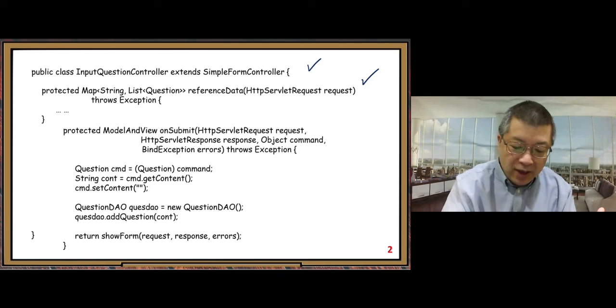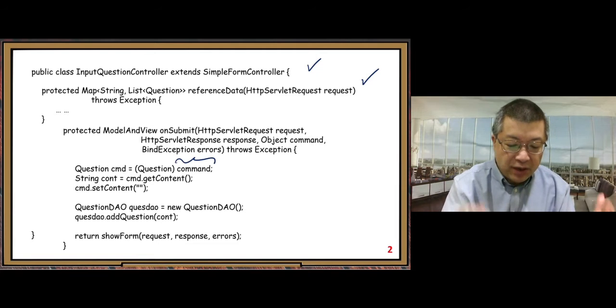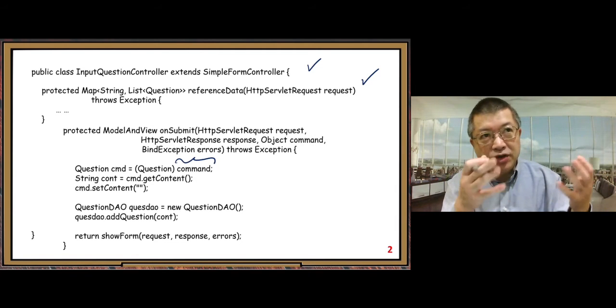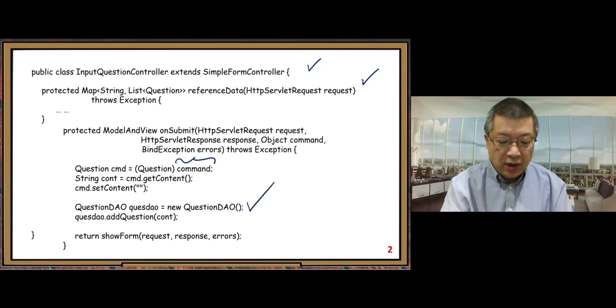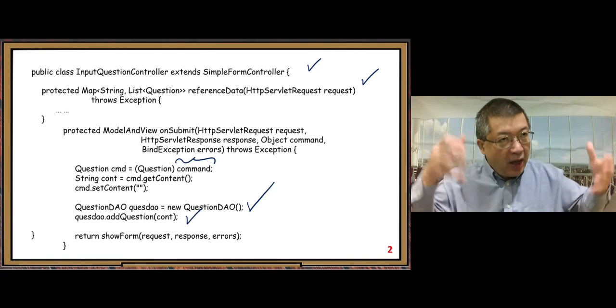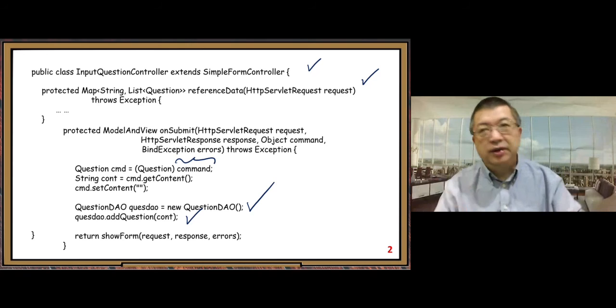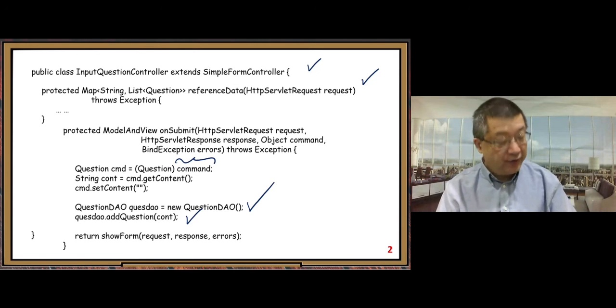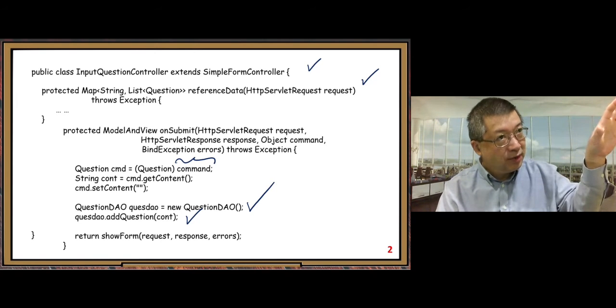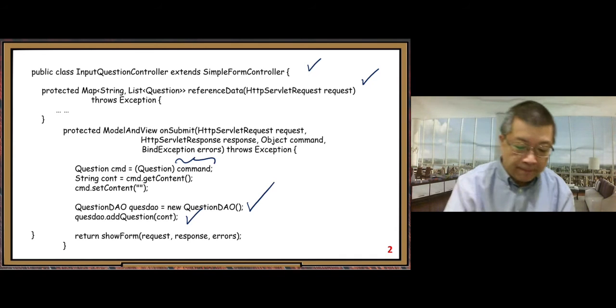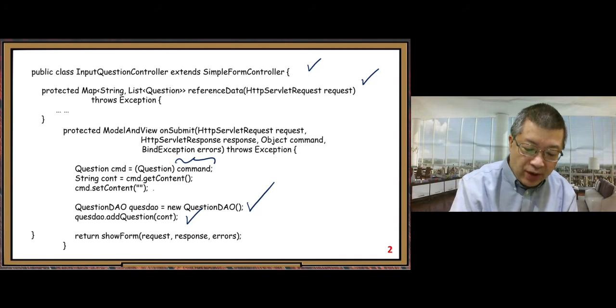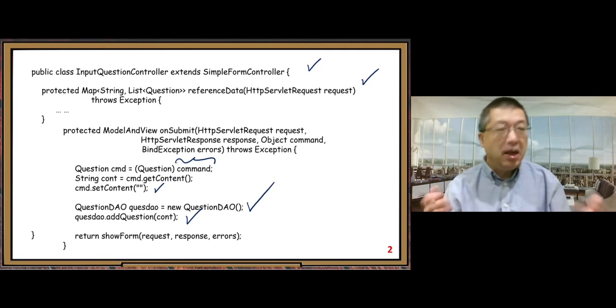Remember the data binding, command object data binding. So we get a question content. Then we call the DAO object, write data into the database, through that delegation. Question DAO object delegation. We also set content to empty content.